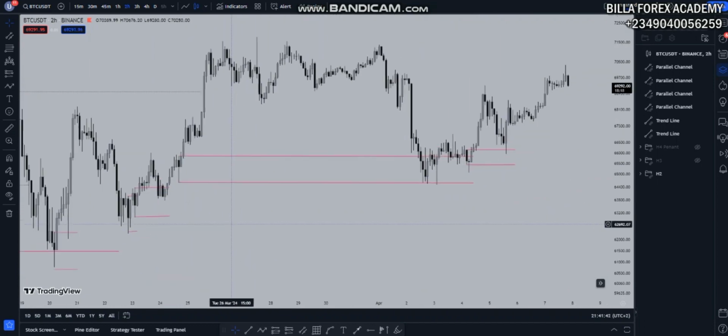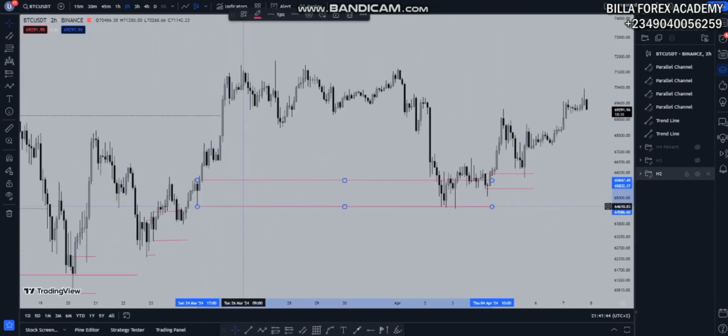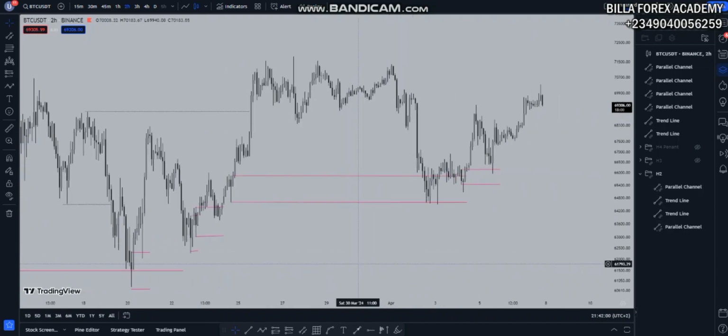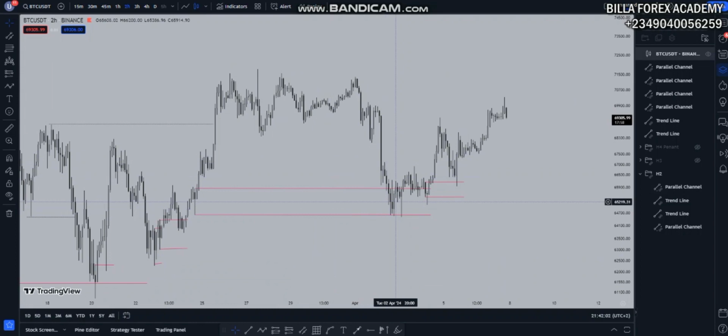So now moving up to our next block, that's this one. You see this other block over here, this last bearish candle, it hasn't been mitigated. That's why I picked that as my order block. And what happened? Price pulled back down to mitigate it over here.